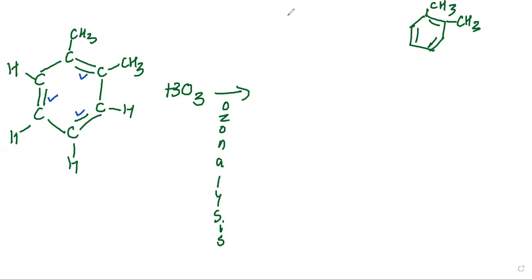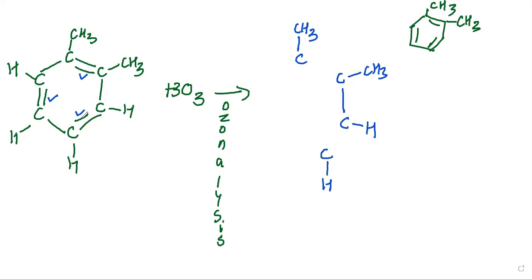So I'm just going to draw this for you. See, we have CH3, then this C, then another C here that is bonded with CH3. Then there is no double bond here, so this bond is not going to be broken. Then we have another carbon bonded with hydrogen.